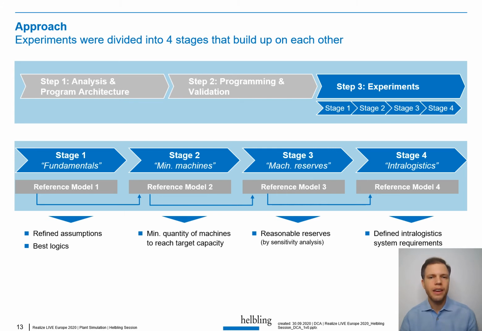With the refined reference model, we evaluated what is the minimum quantity of machines required to reach the target capacity. On that basis, we performed various sensitivity analyses to define reasonable reserves. And with the final model, we evaluated the requirements for the intralogistics like the buffer and transport systems.